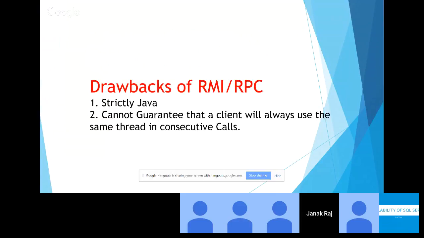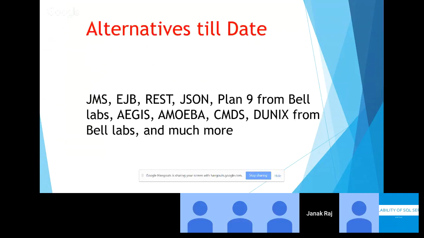Drawbacks of Java RMI and RPC: they are strictly Java, and they cannot guarantee that the client will always use the same thread in consecutive calls, meaning we need to write a mechanism for identifying the client ourselves. There may be some other drawbacks too, but I included these two. There are a lot of alternatives to date.